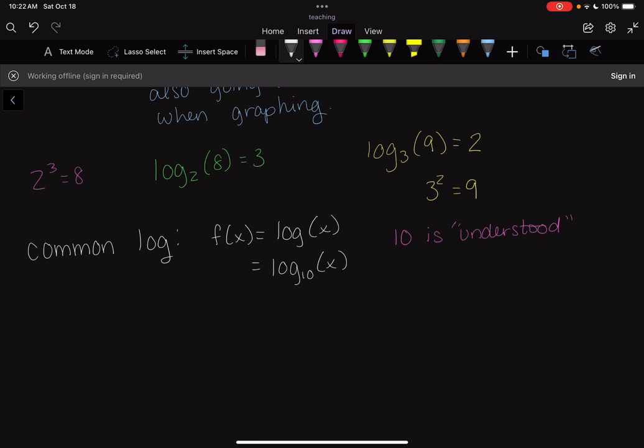The other common notation that we're going to see is for the natural log. The natural log is written as ln of x. But what it really is is just the regular log with a base of e. So it gets this special notation where we write it as ln. Sometimes you'll see me write it as log with a little e at the bottom.